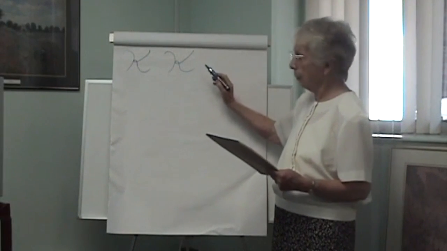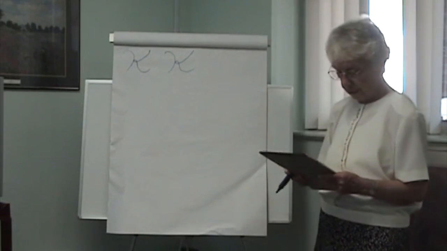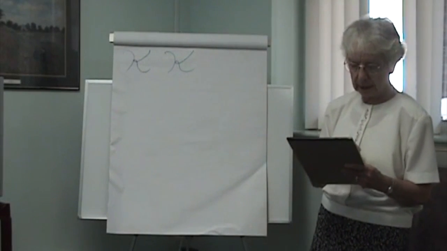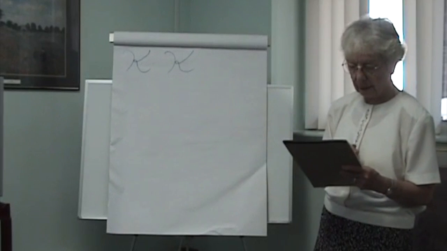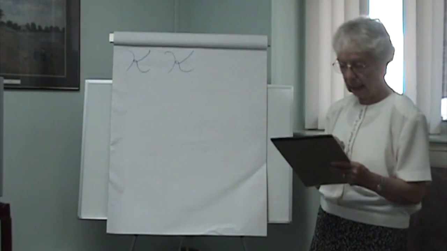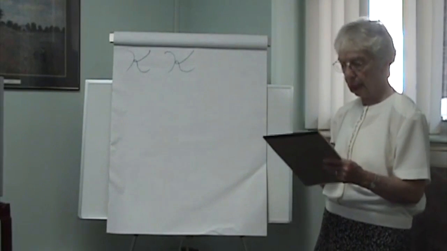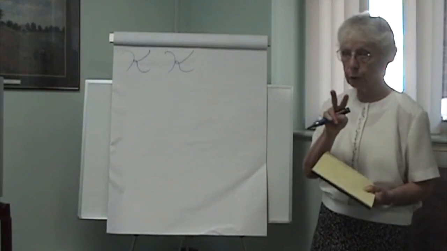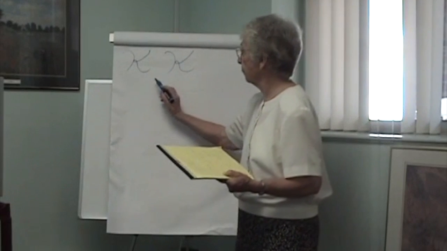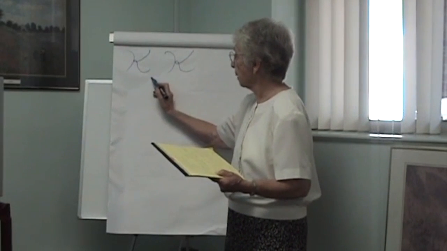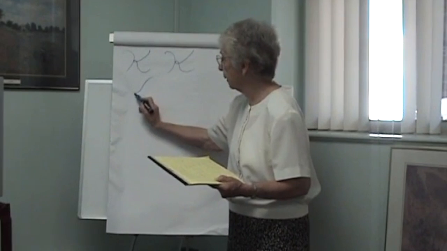Now, I think we've learned 6 uppercase letters. We've had L, D, I, J, H, K. Now we have to have 2 words for our homework. So this is the word. It's going to be a D. Down.